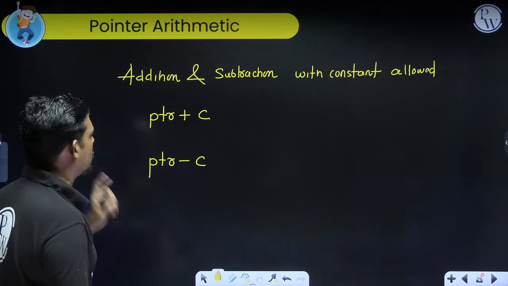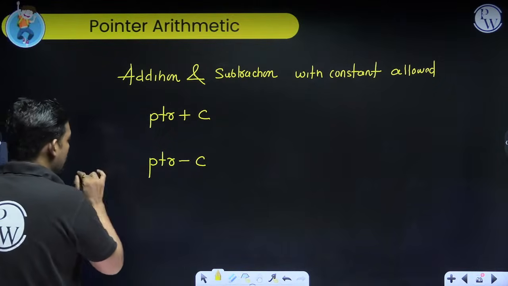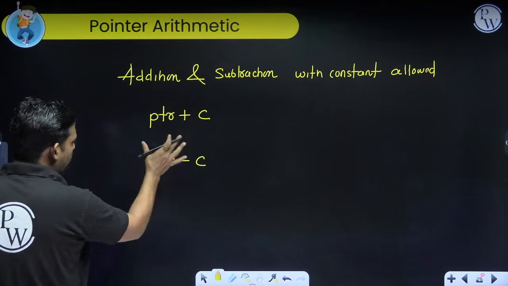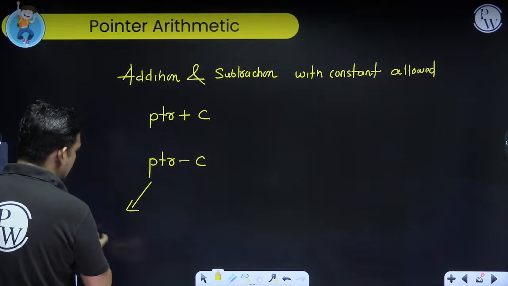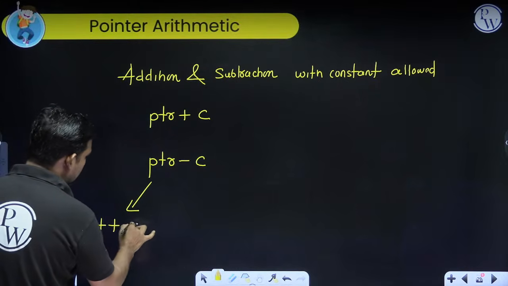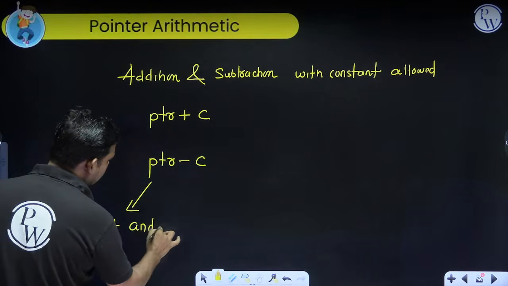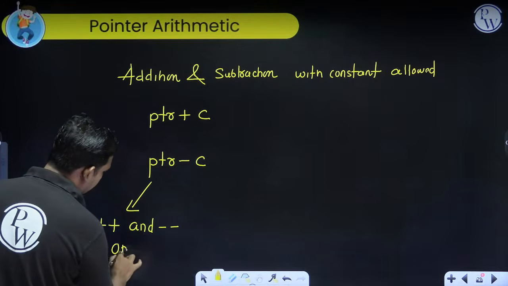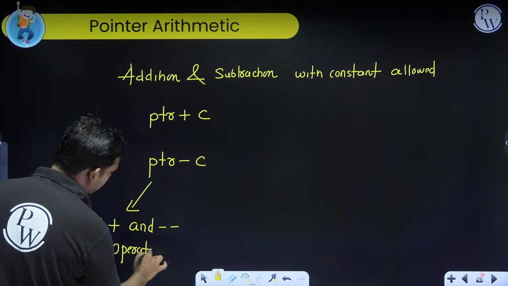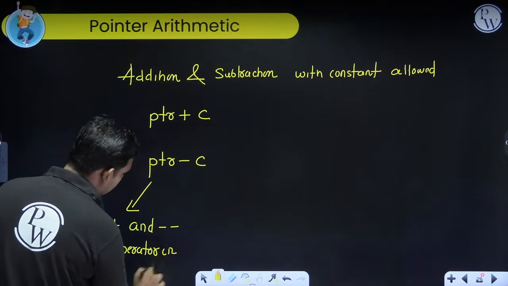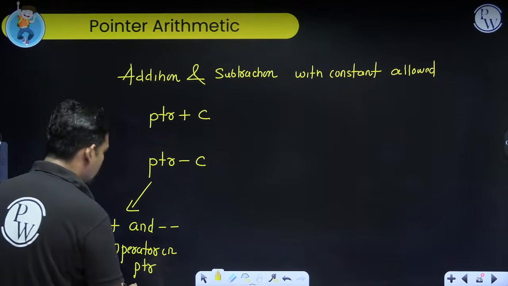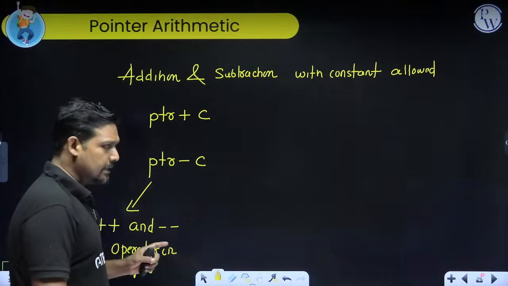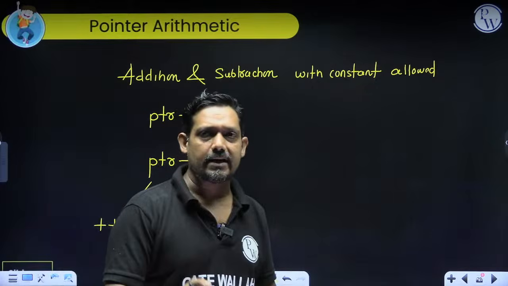Because of this addition and subtraction, it implies that we can also apply the plus plus and minus minus operators on a pointer. You can do plus plus of an address and minus minus of an address.